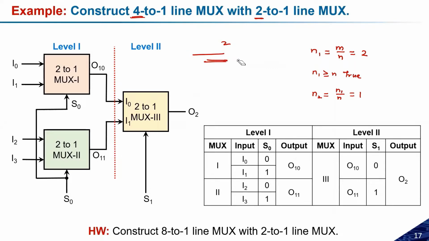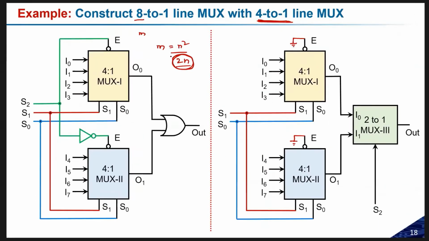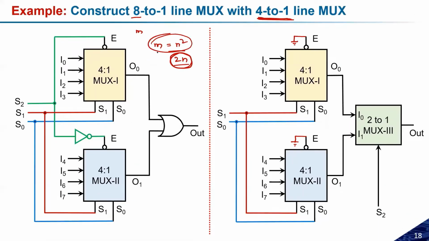Now let's go to the next slide. In the next slide, this is not satisfying this condition. m is equal to n square is not satisfied. We have a relation like m is equal to 2n. And if the relation is like this, then this mux will not be sufficient to design this 8:1 mux. You need some other kind of arrangement.